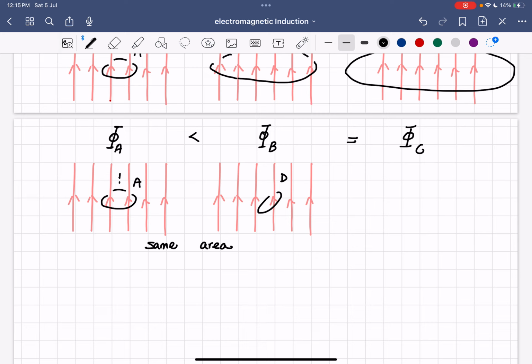Loop A has a normal like this, and loop D, the normal will be like this. Here, theta will be 0 degrees. But for loop D, theta, let's make it simple, will be 45 degrees, as the angle between the field lines and the normal. Here, theta is just 0.